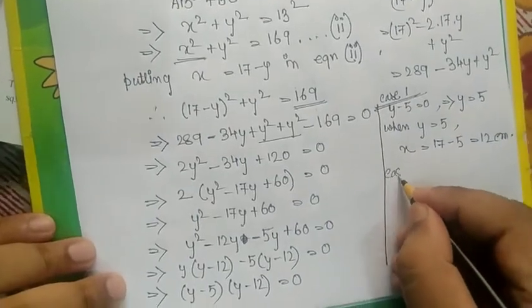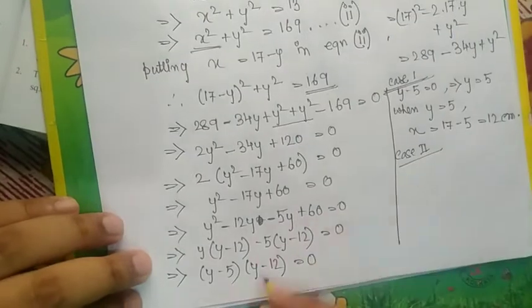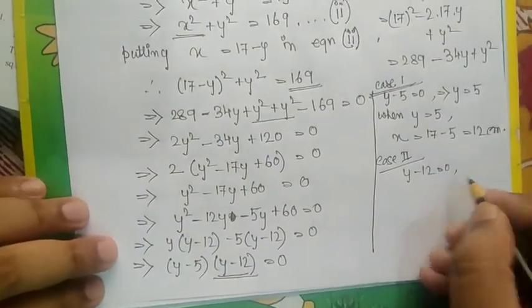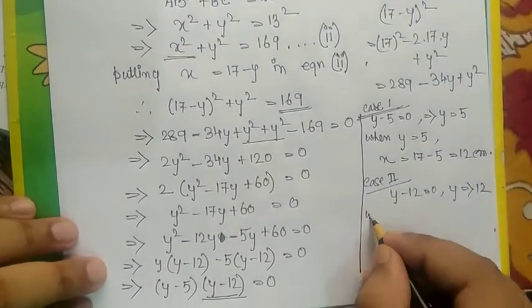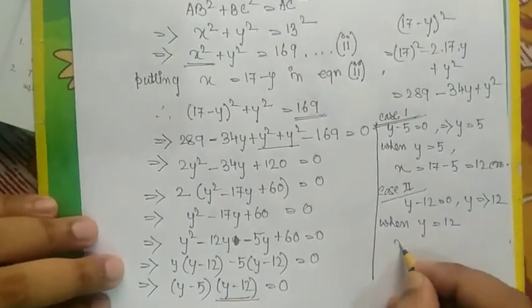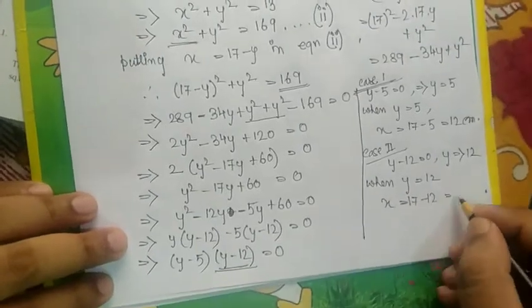And case 2 is y minus 12 equal to 0, or y equal to 12. So when y equal to 12, x equal to 17 minus 12 equal to 5 centimeter.